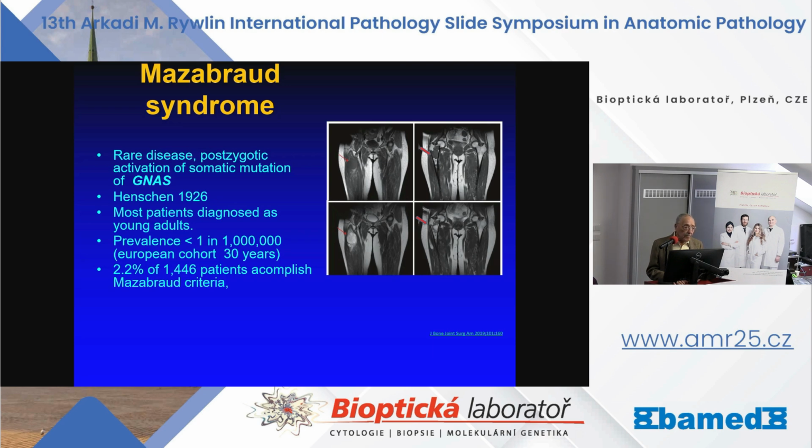This entity was described in 1926 by Henschen. It's like America. America was discovered by Christopher Columbus, and it's not called Colombia, it's called America. It's the same as this entity. Mazabraud made a further characterization in another series of cases, and the name was given in his honor.